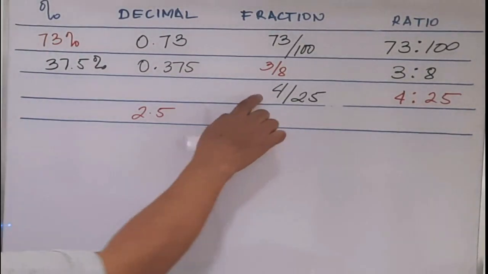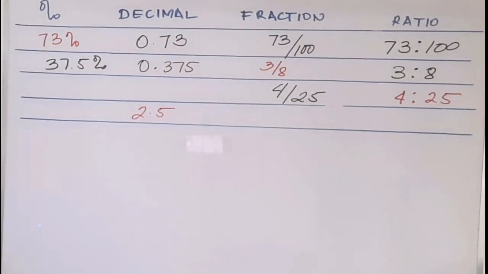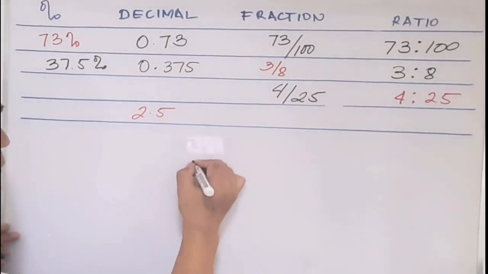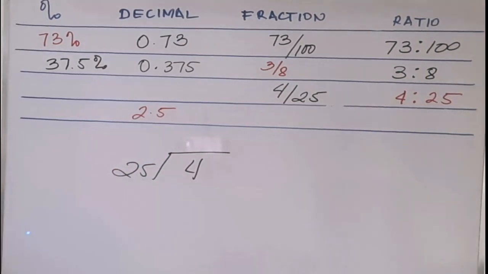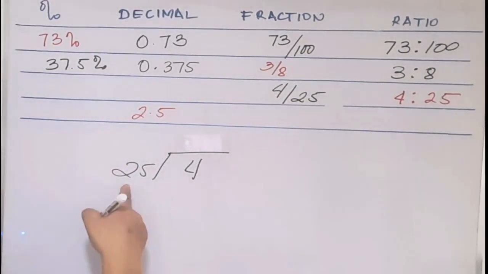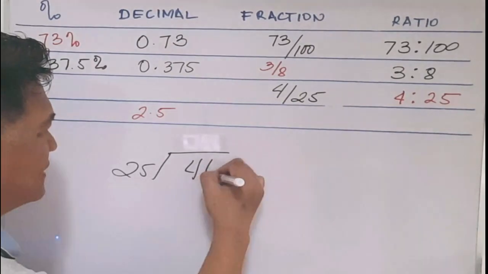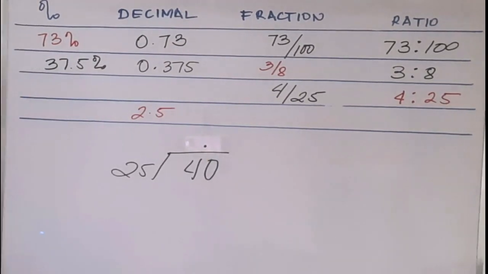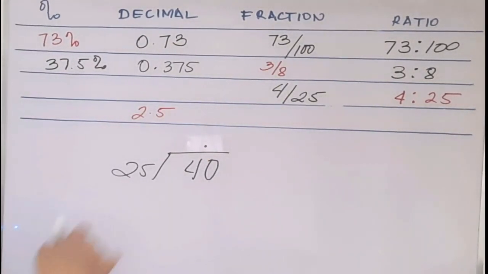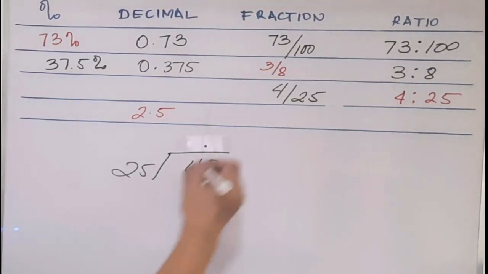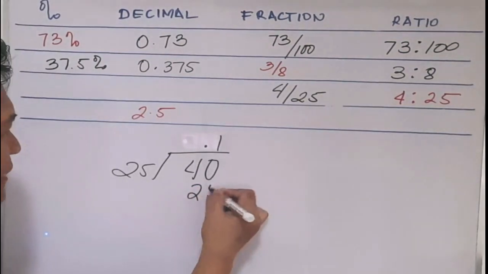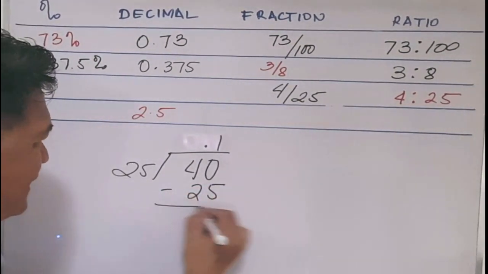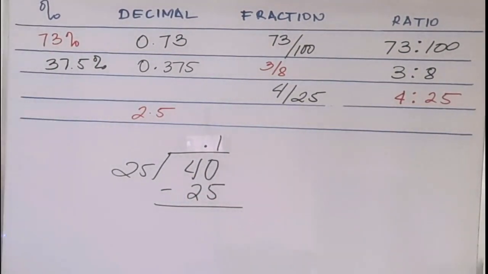To convert this into a decimal, we again use division. 4 divided by 25 cannot be, so we add 0 and then the decimal. So 40 divided by 25 is 1. 1 times 25 is 25. We subtract 40 minus 25, that becomes 15.